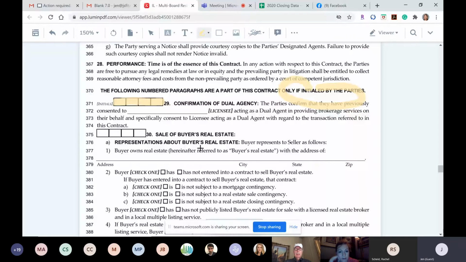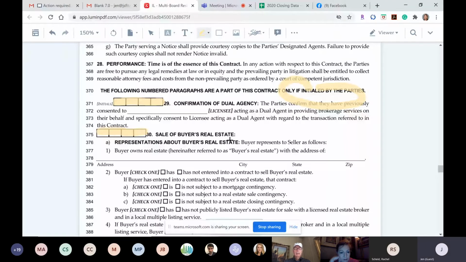And if that is the case, this contract is fantastic for making sure that everybody is aware of exactly what is going on with the buyer's other real estate that needs to be sold. So if you want to make this contract contingent on the fact that your buyer can't buy this without selling that other piece of property first, then you're going to initial this box right here, okay?